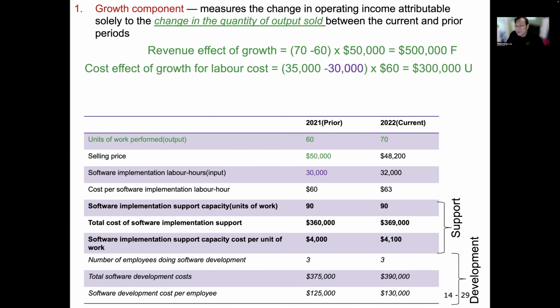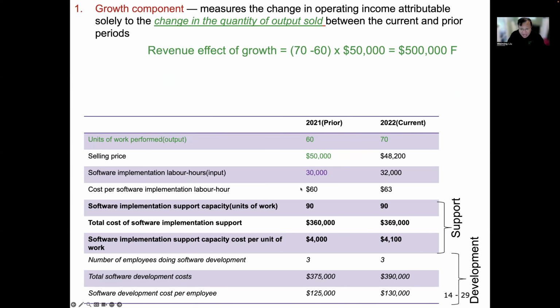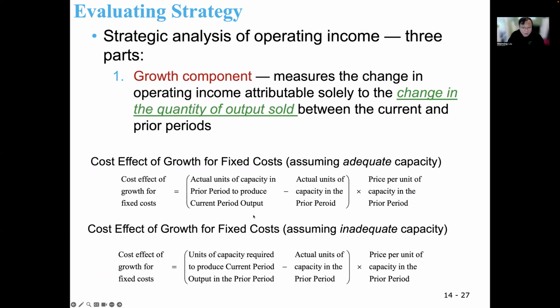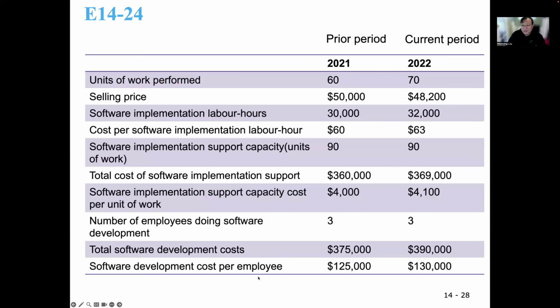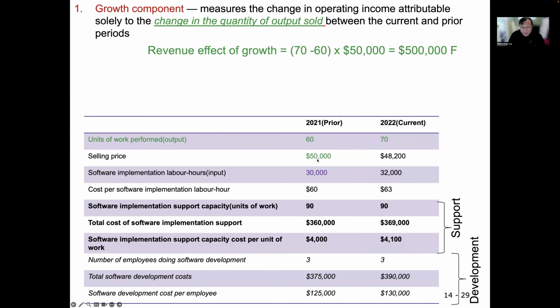in the current period. So the formula is asking the number of labor hours required to produce 70 current output, 70 units in the prior period, okay? So in the prior period, I need 30,000 hours to produce 60 units.